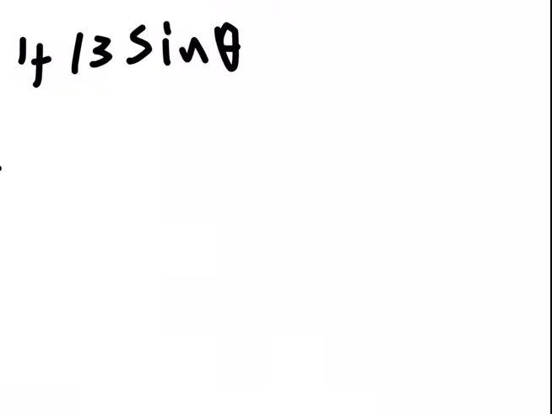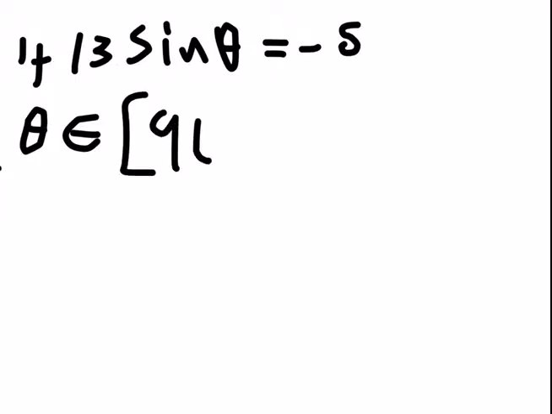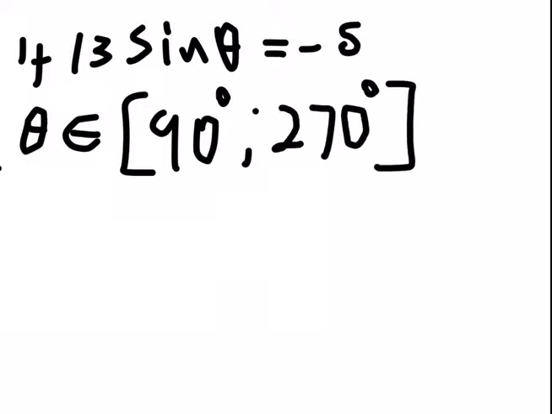So this time around, I have an example here where they are saying if 13 sine of an angle is equal to -5, and theta is an element of 90 degrees and 270 degrees.